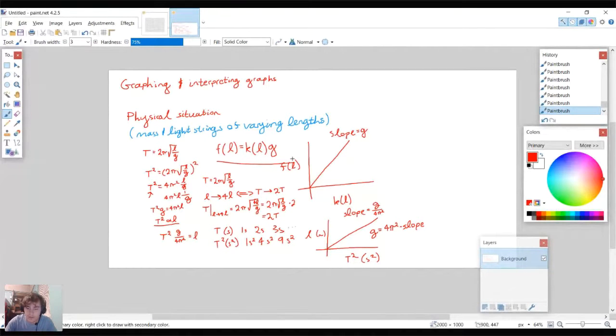So let me see if I can find some numbers online, because we could definitely work with this. Period of pendulum, acceleration due to gravity experiment. Yeah, I don't think we can get any numbers for this.